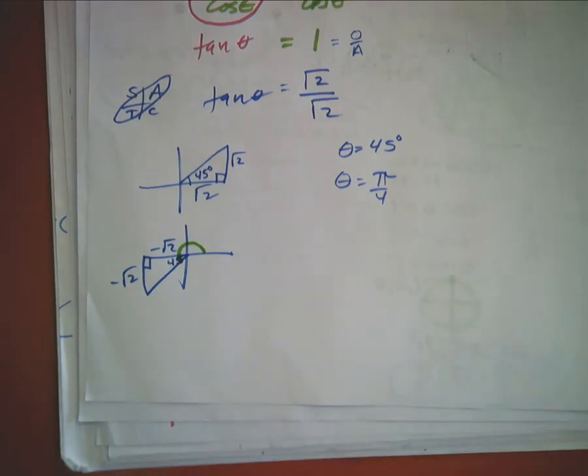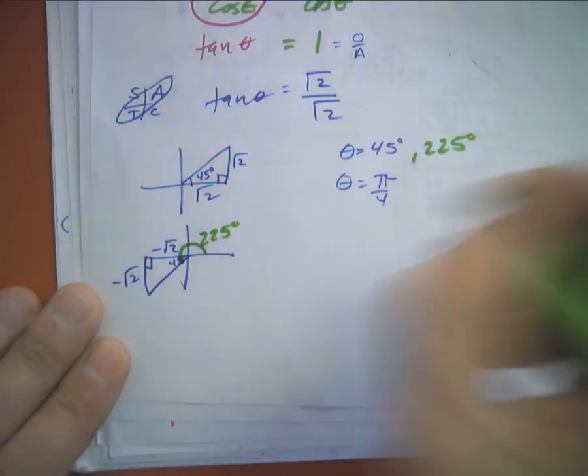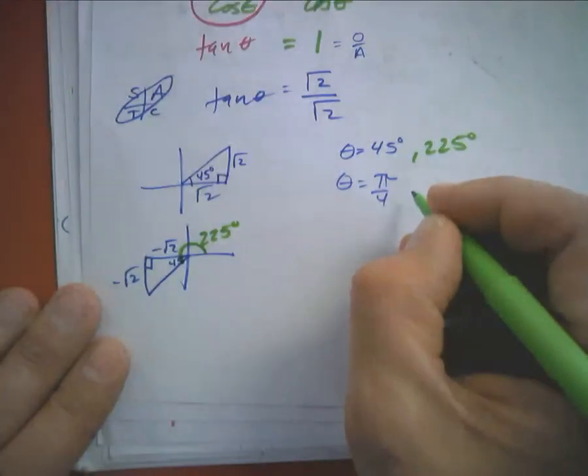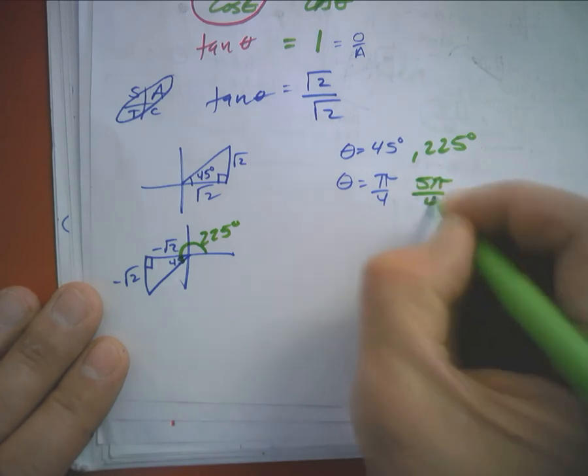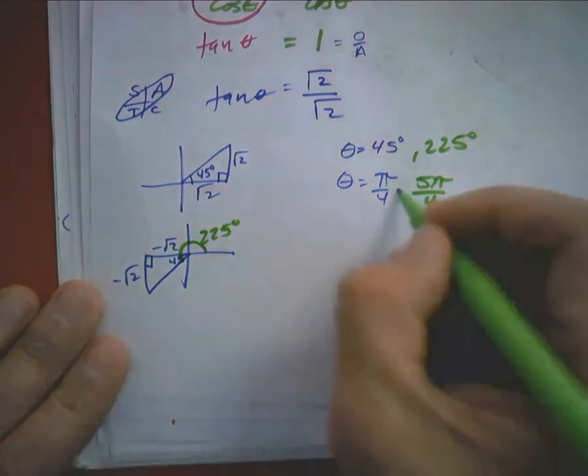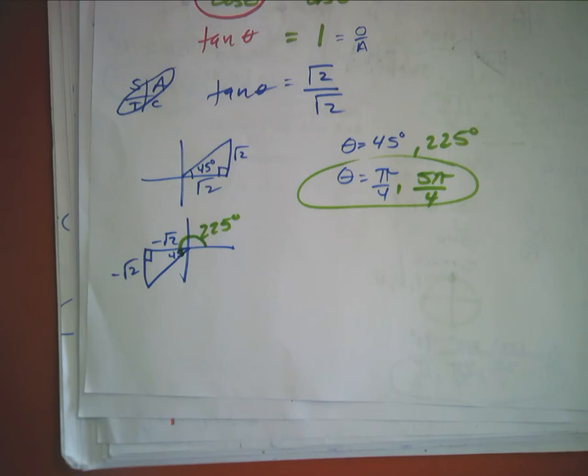So what's 45 plus 180? How many degrees is that guy? 225. And go ahead and convert that, divide by 180, put a pi on top, and I'm pretty sure that's 5 pi over 4. 45s are always the odd pi's over 4s. 1 pi over 4, 3 pi over 4, 5 pi over 4, 7 pi over 4.